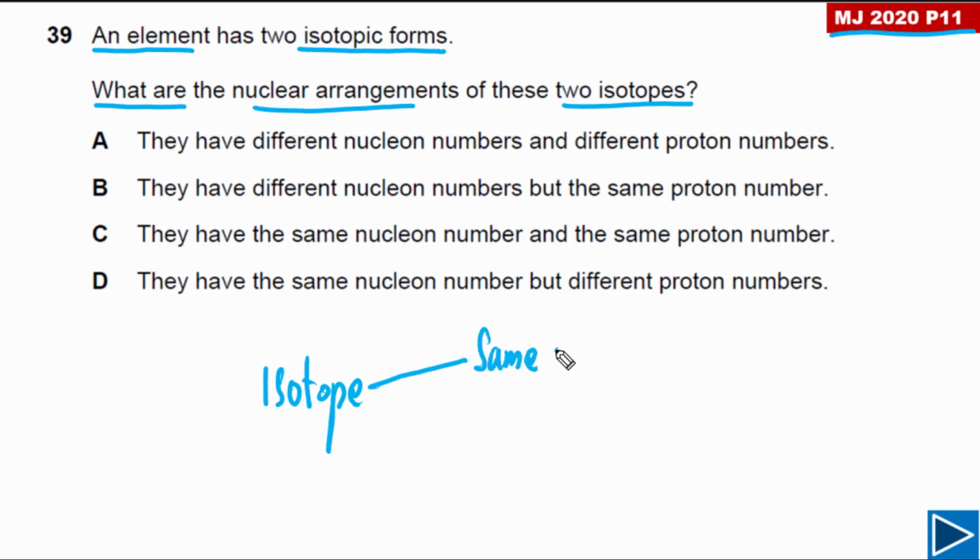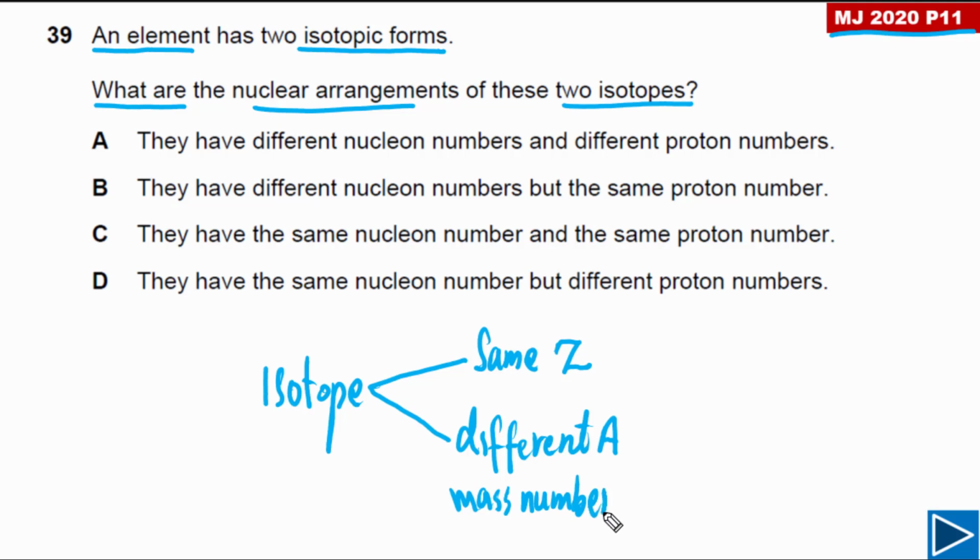So we can write down they have the same atomic number, Z, and they have different mass numbers, or different nucleon numbers. The mass number is the same as nucleon number.